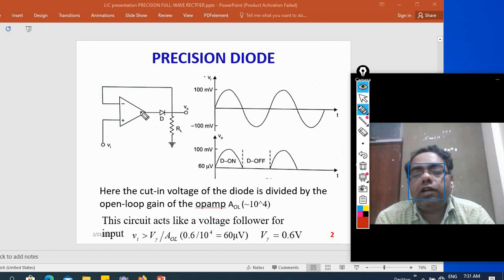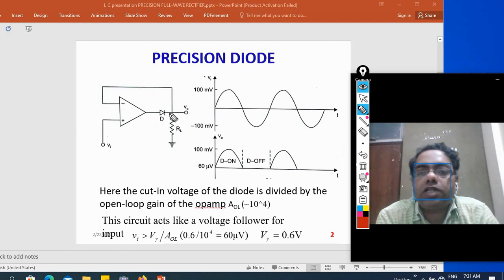However, with the help of this op-amp and diode circuit, even when the input signal is much less than the cut-in voltage, if the diode is forward biased, it will conduct. So that makes it a precision diode.